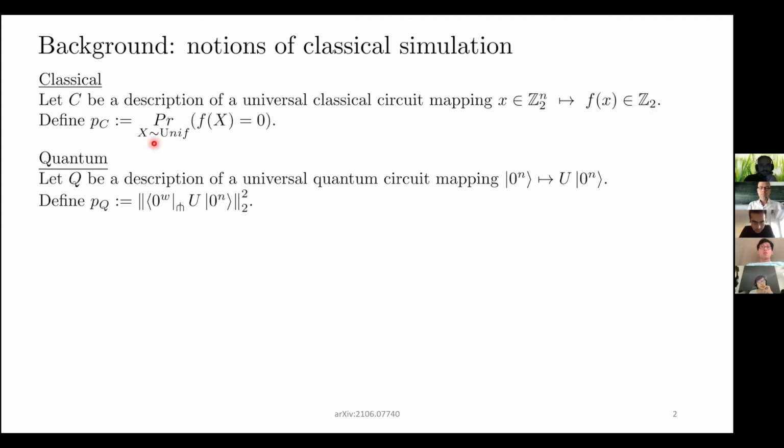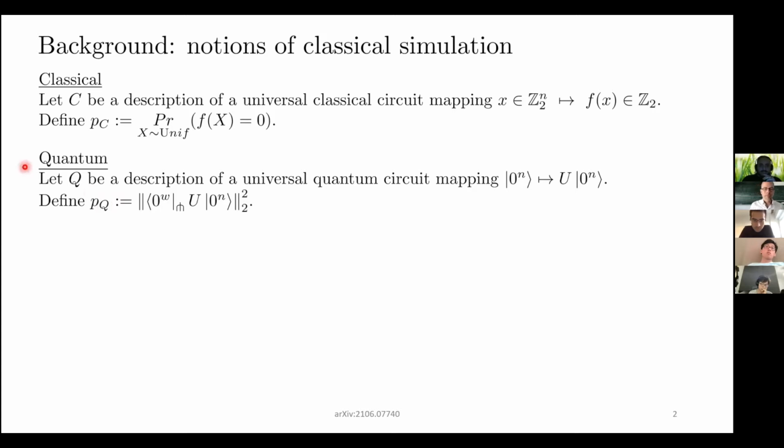Then we can define a probability PC that depends on this description of the classical circuit. The probability is defined as follows. If you imagine generating a random uniform bit string and evaluating it according to this Boolean function, you want the probability of seeing the 0 outcome. So it's some probability that you could compute if you could just run the circuit many times.